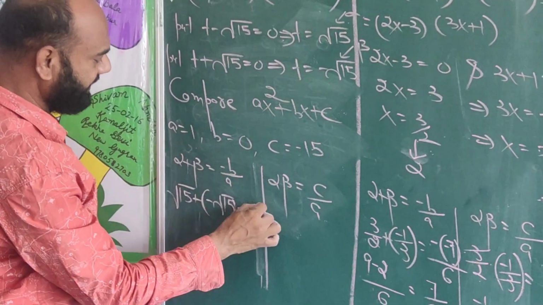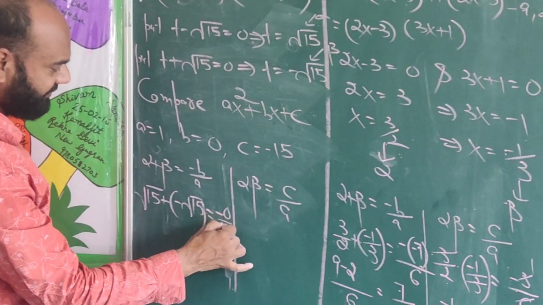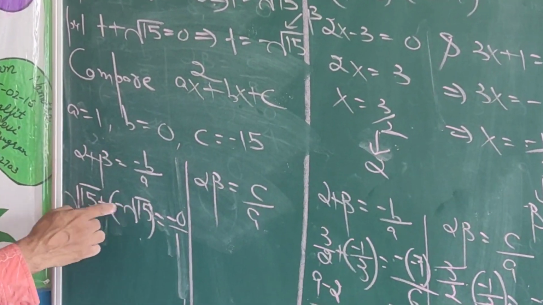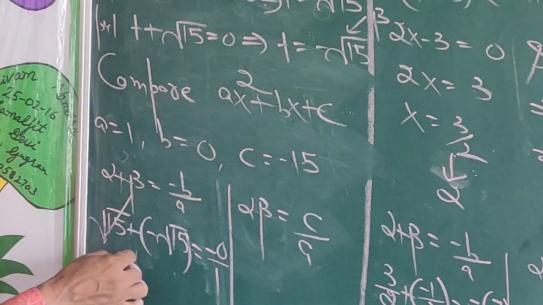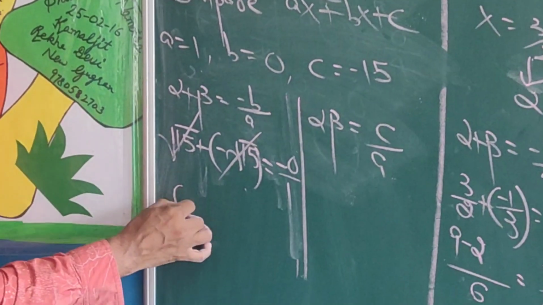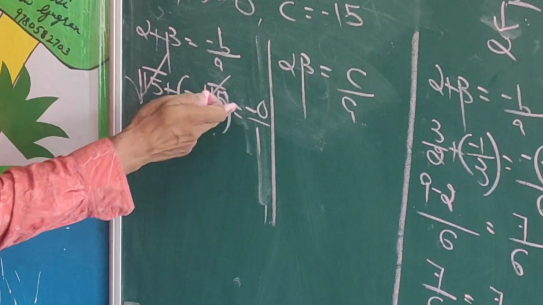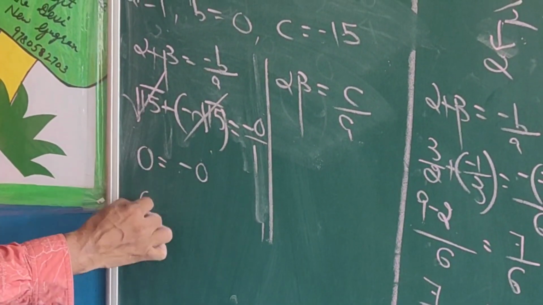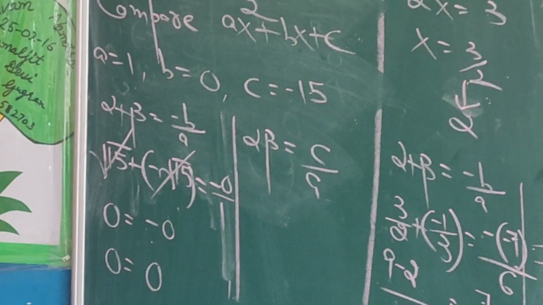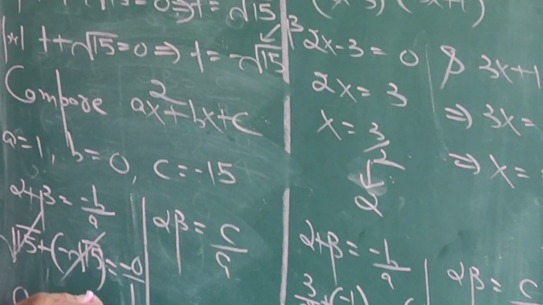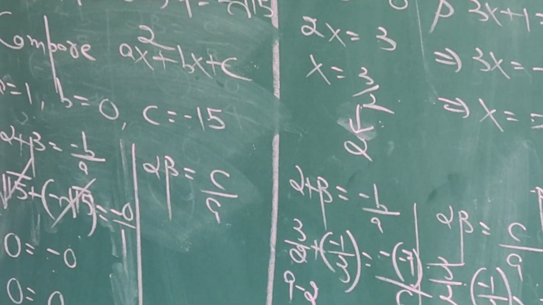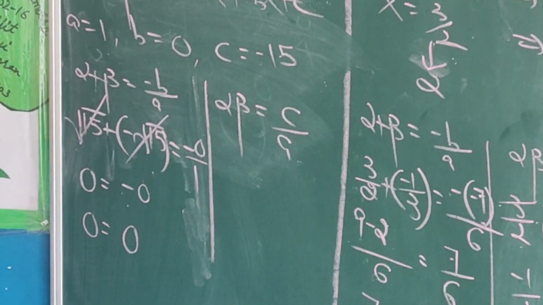The value of b is 0 and a is 1. Root 15 plus and minus: this is plus root 15, this is minus root 15, both cancel out. So this is equal to 0, and this is minus 0. And minus 0 is actually plus 0, because minus 0 and plus 0 have the same value, which is 0.